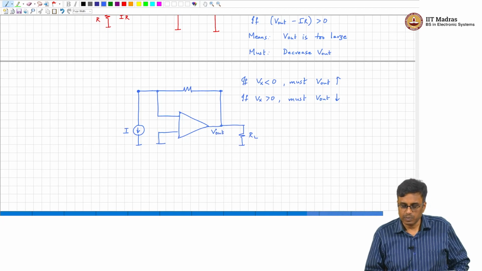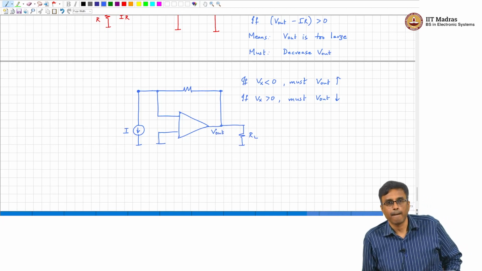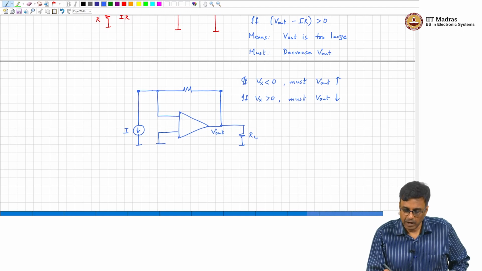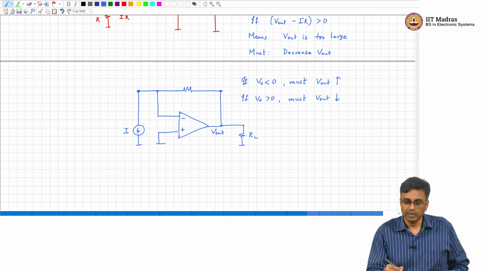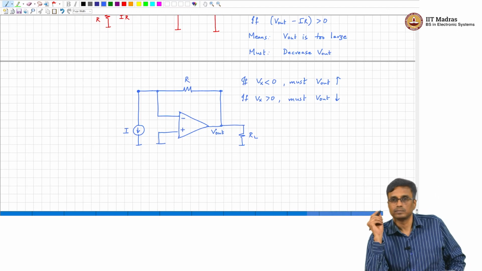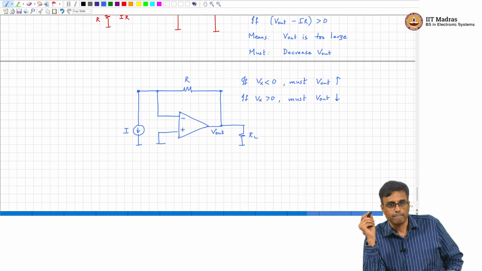And what must be the signs on the op amp? Minus and plus, and this is R, correct.